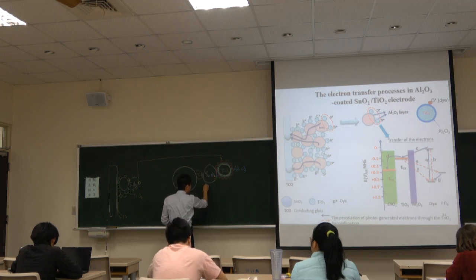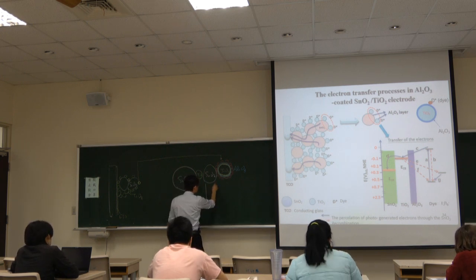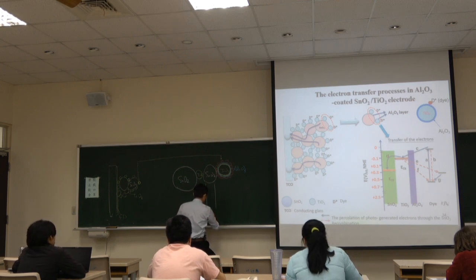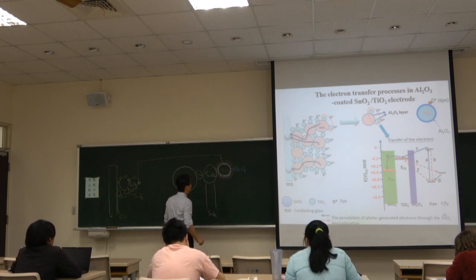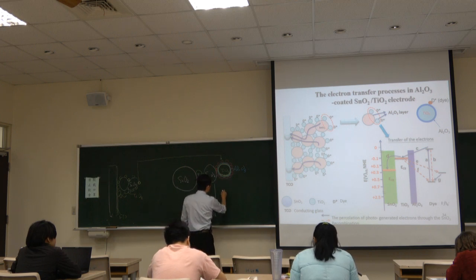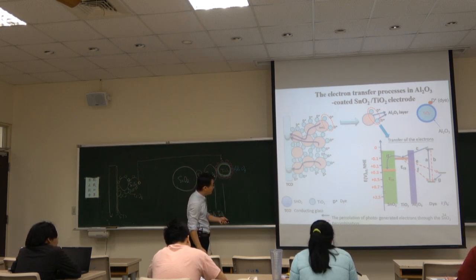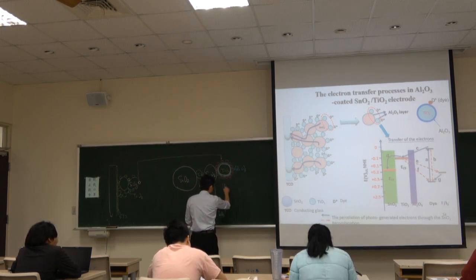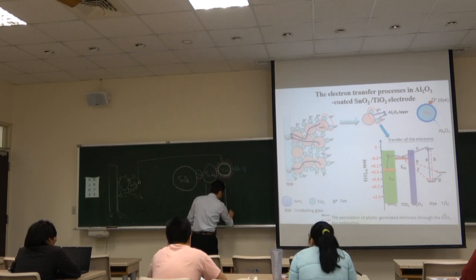So you have the SnO2. And then you have TiO2. But on the surface of the TiO2, you have Al2O3.